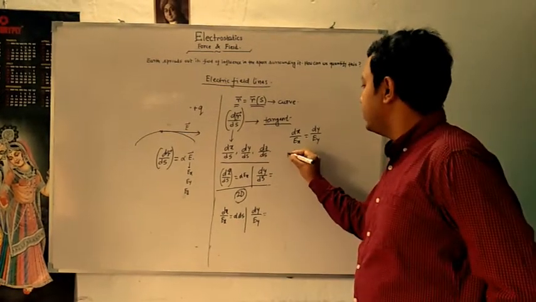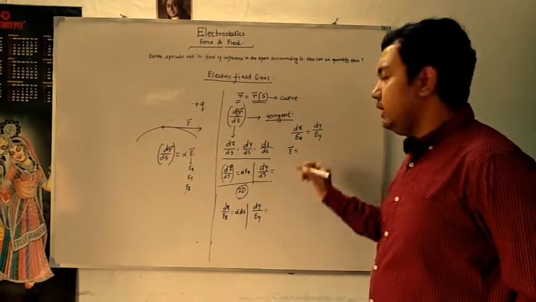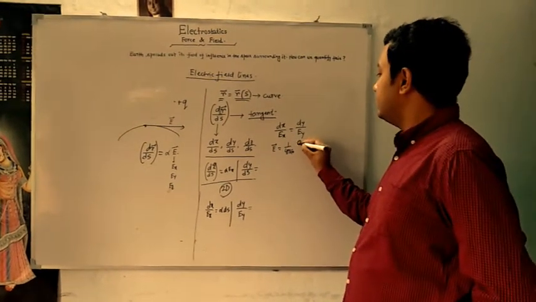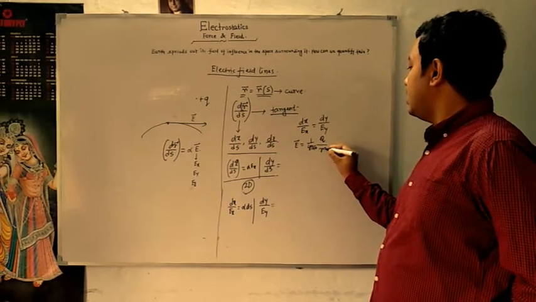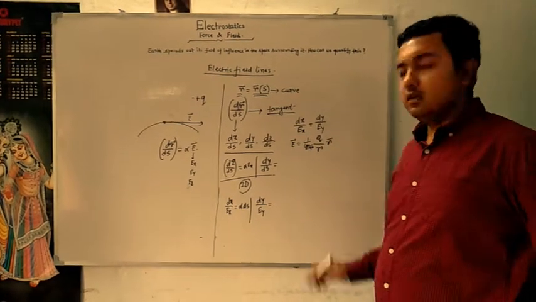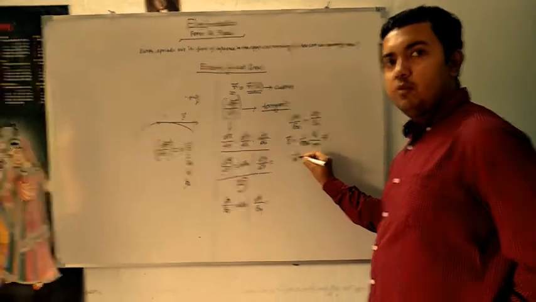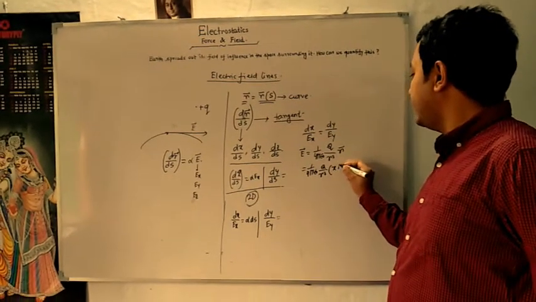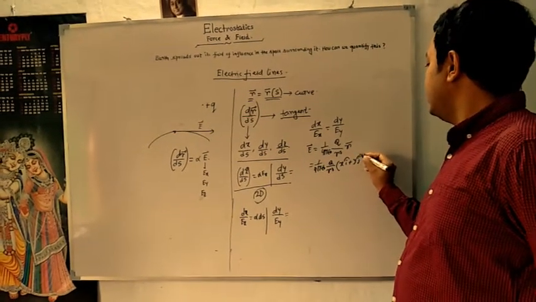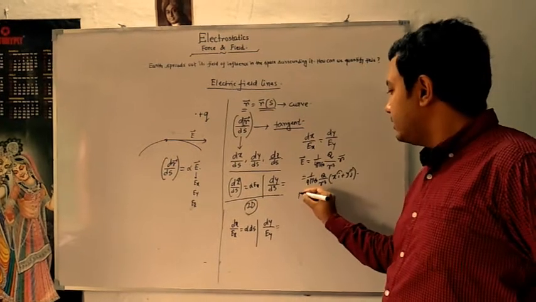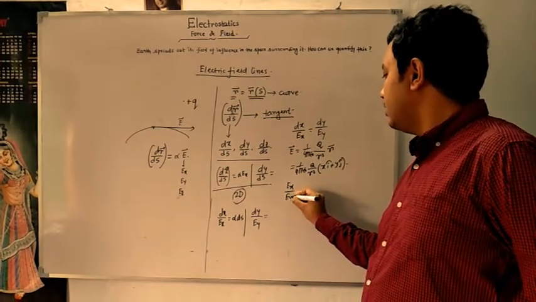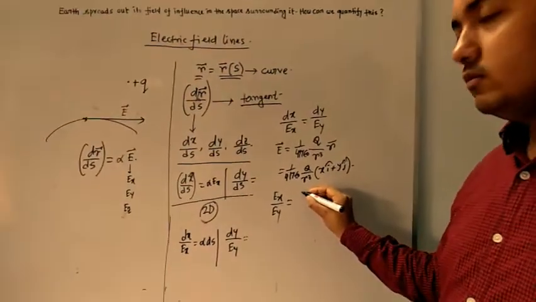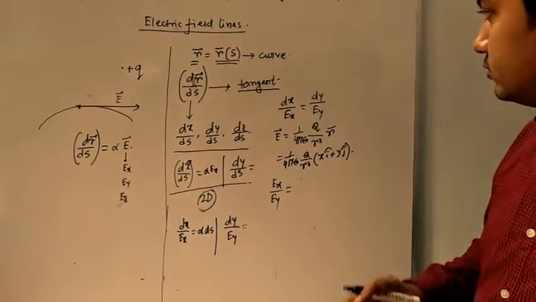Now, if we represent the electric field vector E is equal to 1 by 4 pi epsilon naught q by r cube, r vector is equal to 1 by 4 pi epsilon naught q by r cube x i cap and y j cap. We can calculate Ex by Ey from here.